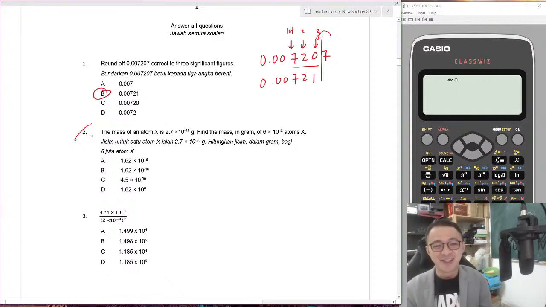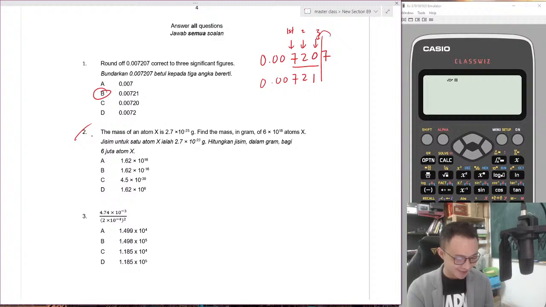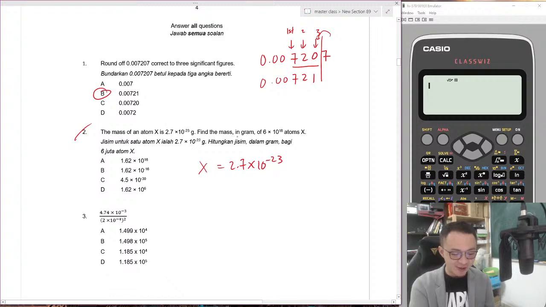This is the question I'm not sure about. I'm not sure if any pro here knows why. The answer according to the marking scheme is B, but I couldn't get B. They tell me the mass of atom X is 2.7 multiplied by 10 to the power of negative 23. They ask us to find the mass in grams.